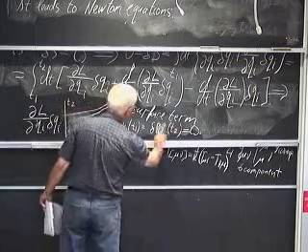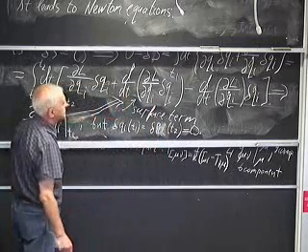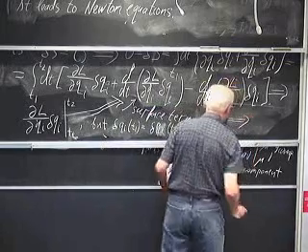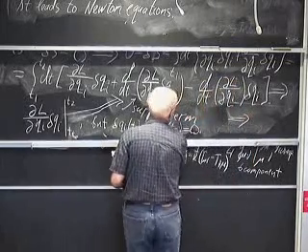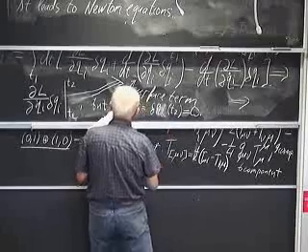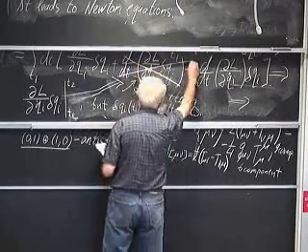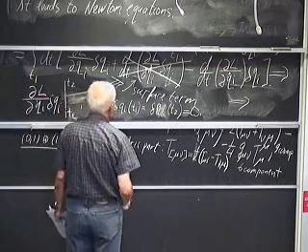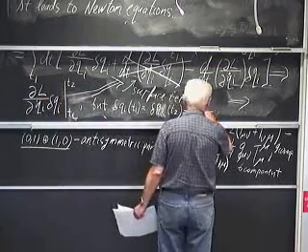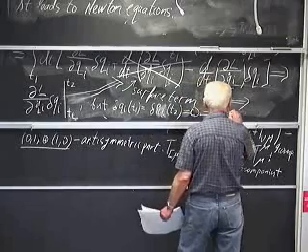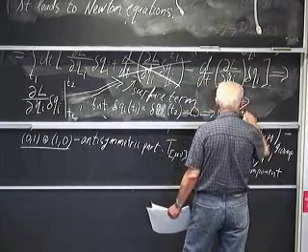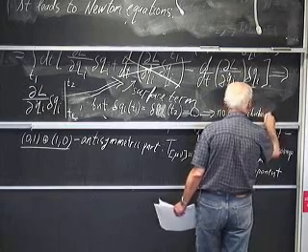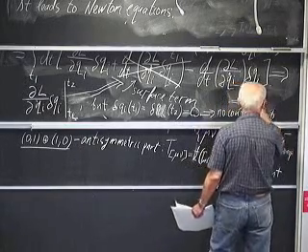So this guy is 0, and the surface term is 0. So this term you could ignore. No contribution of the surface term.